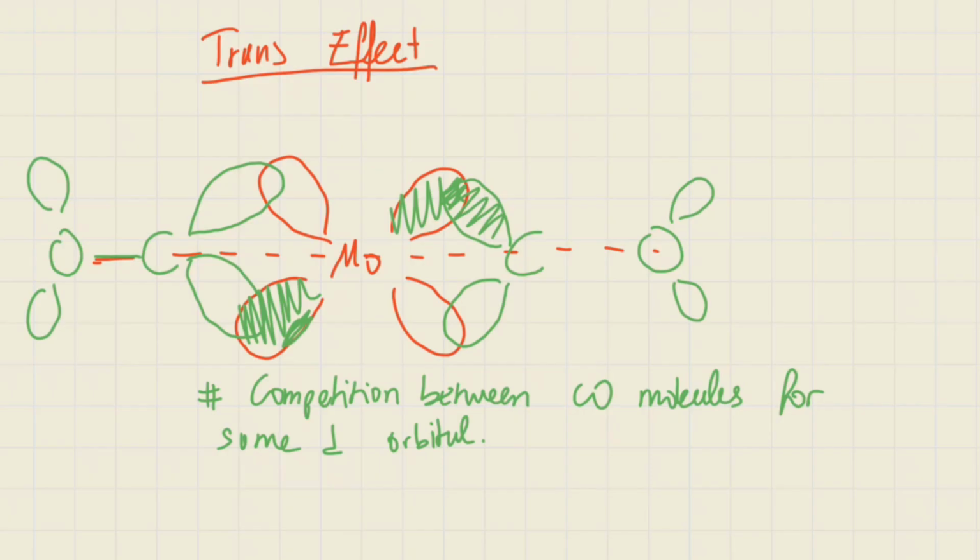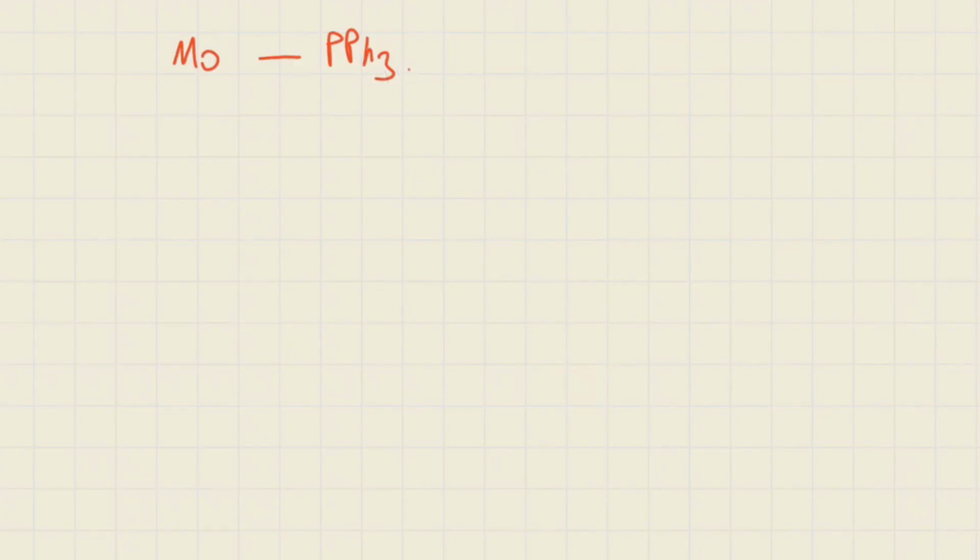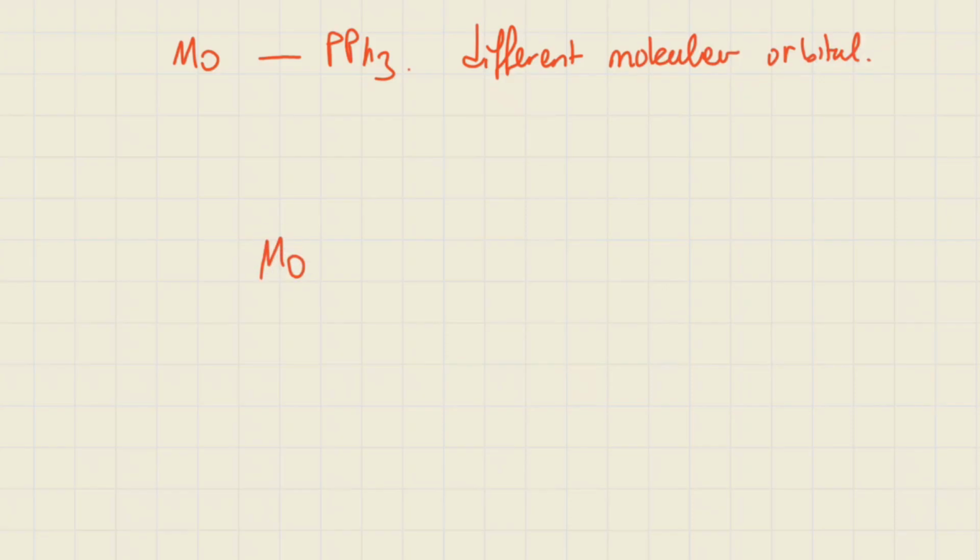But also, there is another event. Molybdenum also interacts with the phosphine ligands. However, metal centers use different molecular orbitals to interact with the phosphine ligands. For instance, we have a molybdenum center. We have the d orbitals.